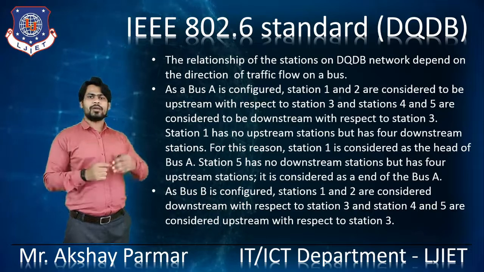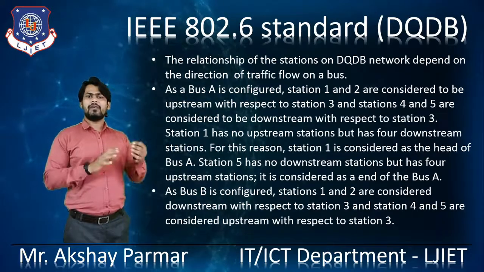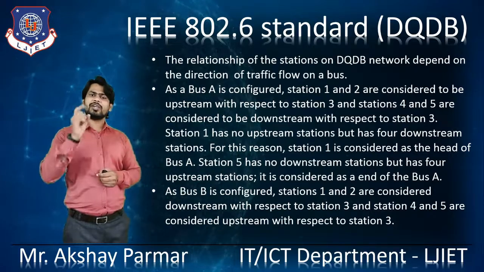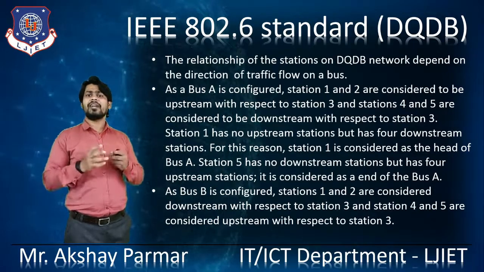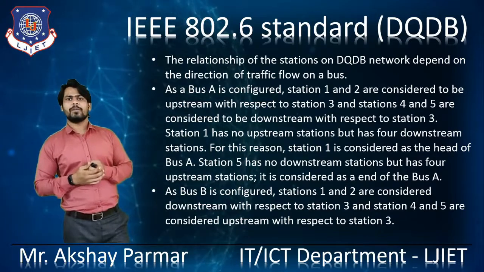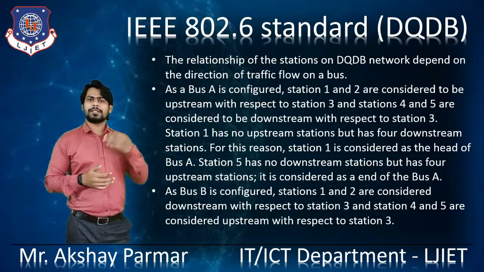Station 1 has no upstream station but has 4 downstream stations, right? For this reason, station 1 is considered the head of bus A. Station 5 has no downstream station, but it has 4 upstream stations.